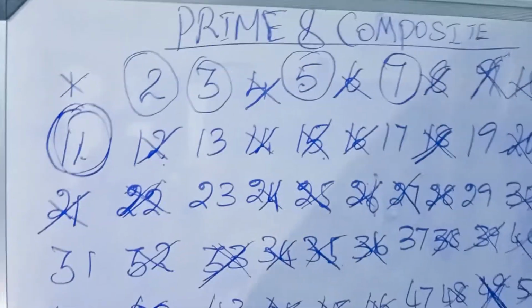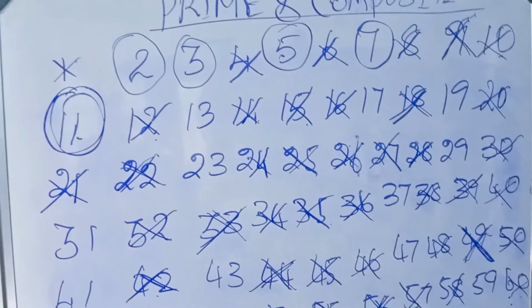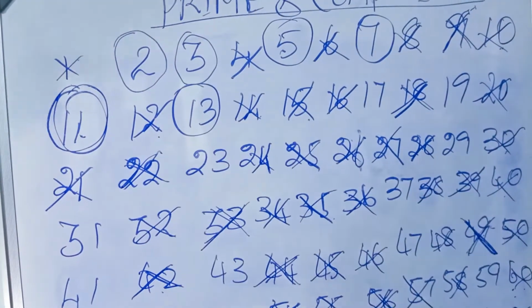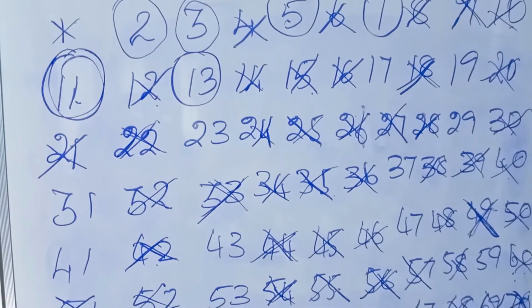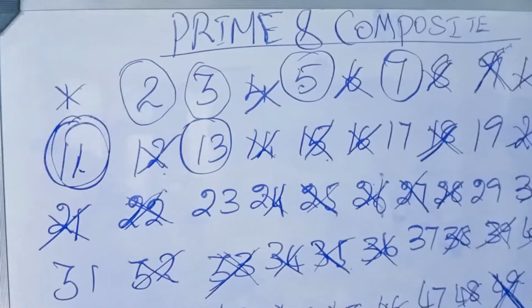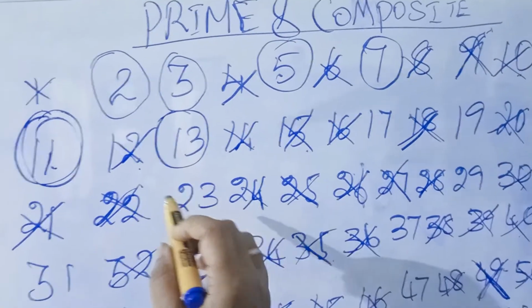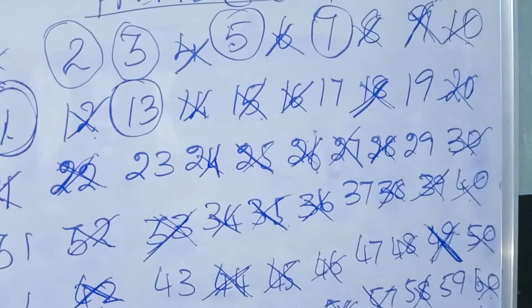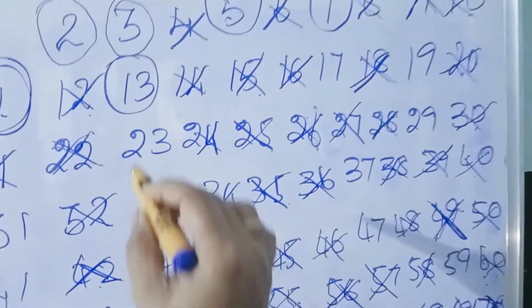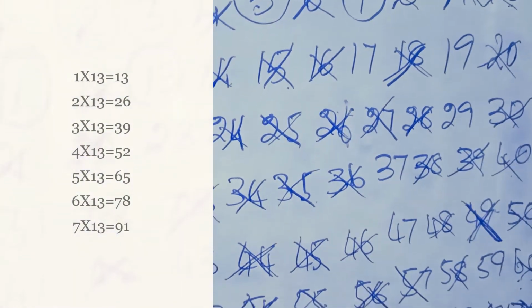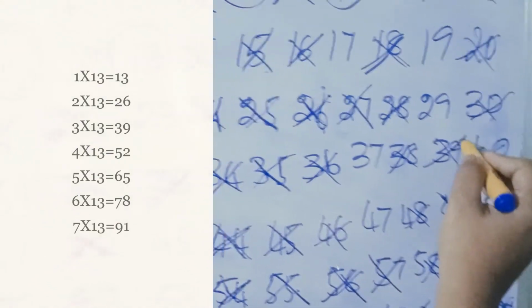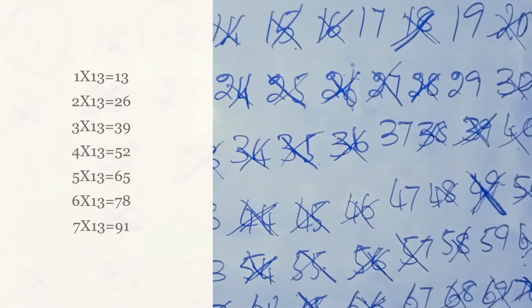Okay, so the next prime number you have to check is 13. So we have to check the multiples of 13 now. 26 is there, we have crossed out already. Then 39 is a multiple of 13, that also we have crossed out already.